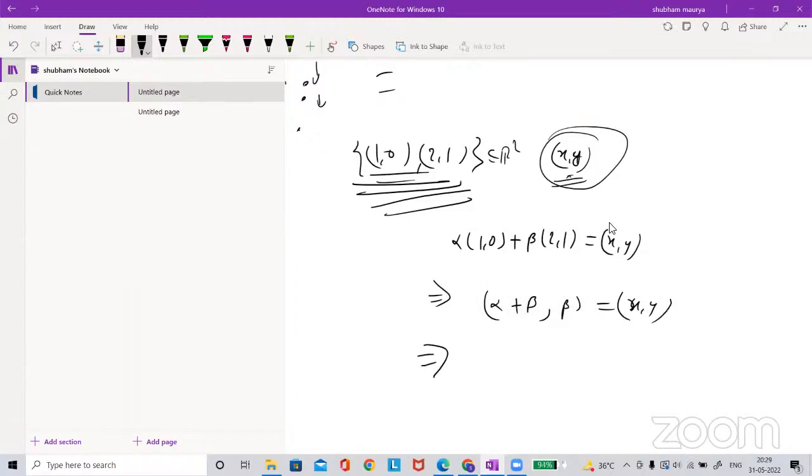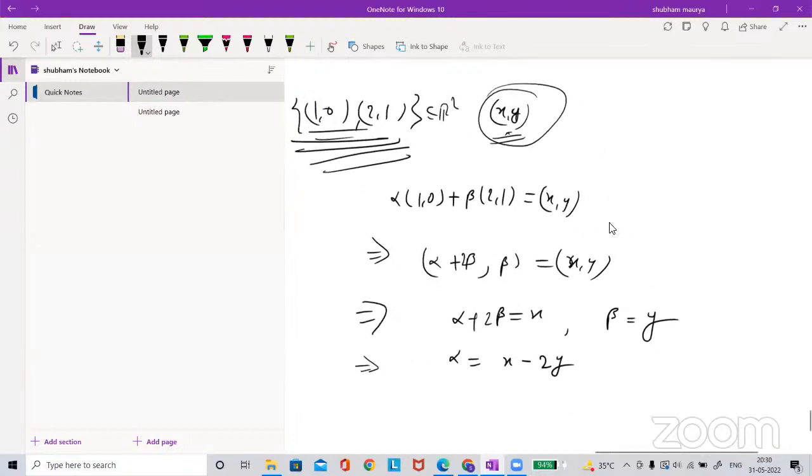Now if you compare, what will you get? The x coordinate is alpha plus 2 beta, and the y coordinate gives beta is equal to y. Let's find the value of alpha also. Alpha is equal to x minus 2 beta, where beta means y, so alpha is x minus 2y. Clear? So what does it mean? What does it say?